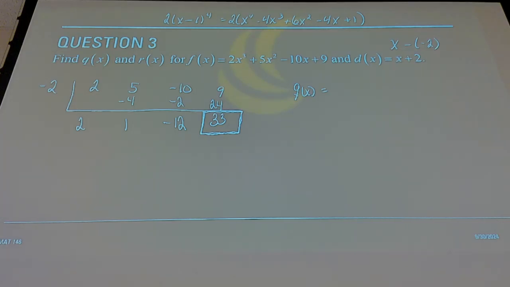The degree of your quotient is 1 less than the degree of the dividend. So what is the degree of our quotient going to be? One less than the dividend. It's a second degree polynomial. These are your coefficients in descending order.